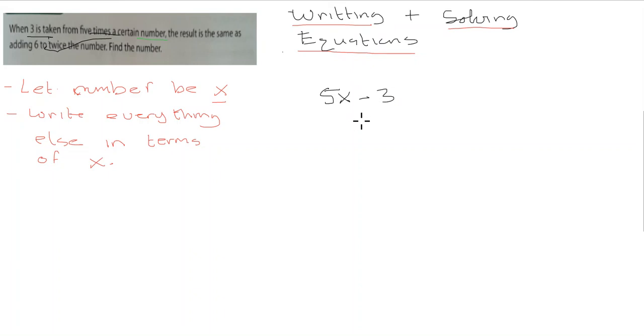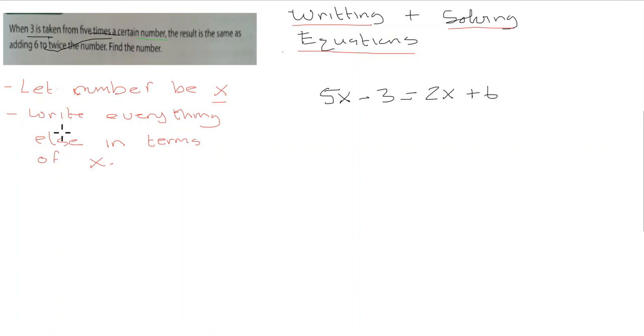The result is the same as adding 6 to twice the number. Twice the number is 2x, and adding 6 to that gives plus 6.